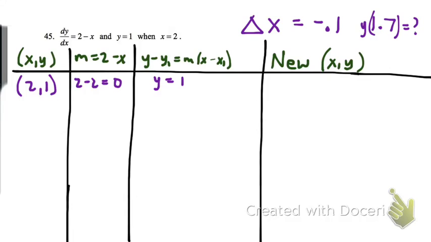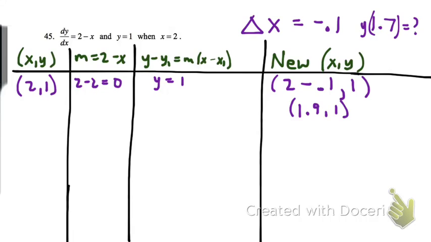So the new x, y is x, which is 2, minus 0.1, comma 1, and 2 minus 0.1 is 1.9.